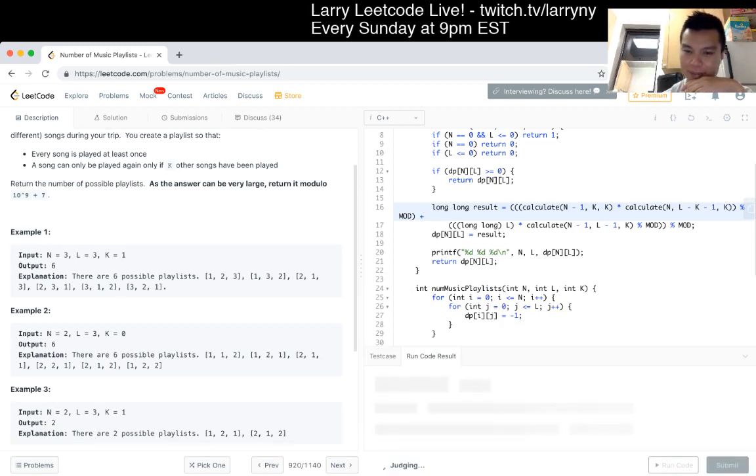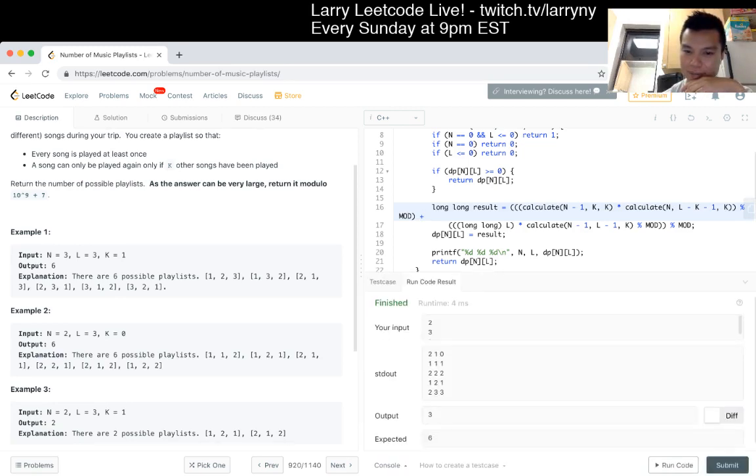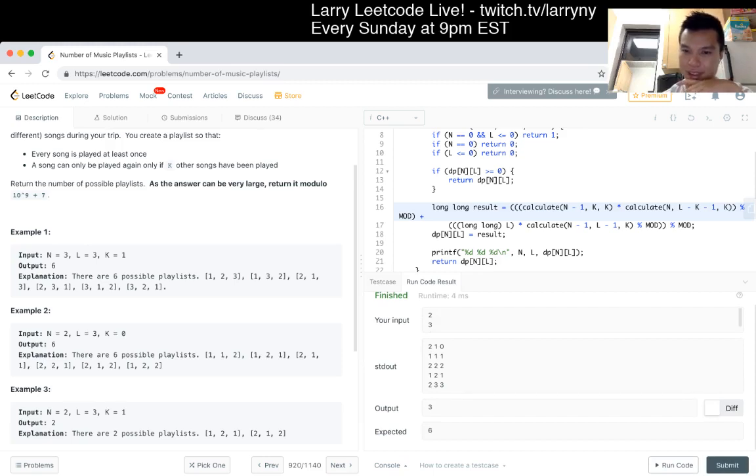But okay, because 2, 3, so now it's 1 letter with 2 left.